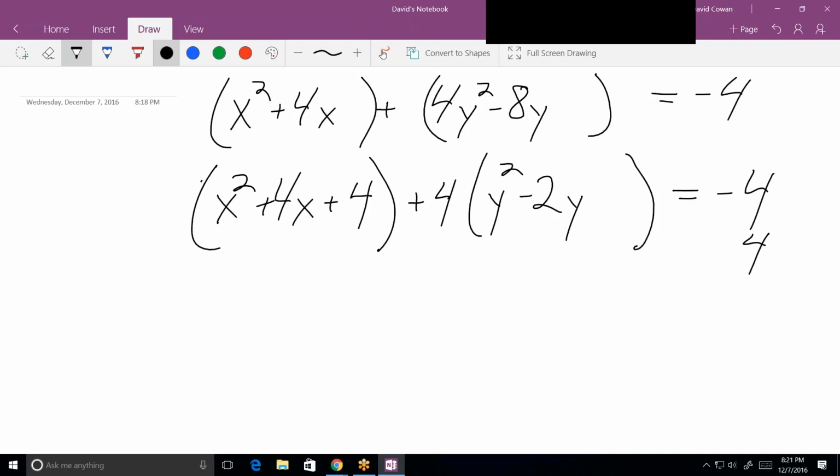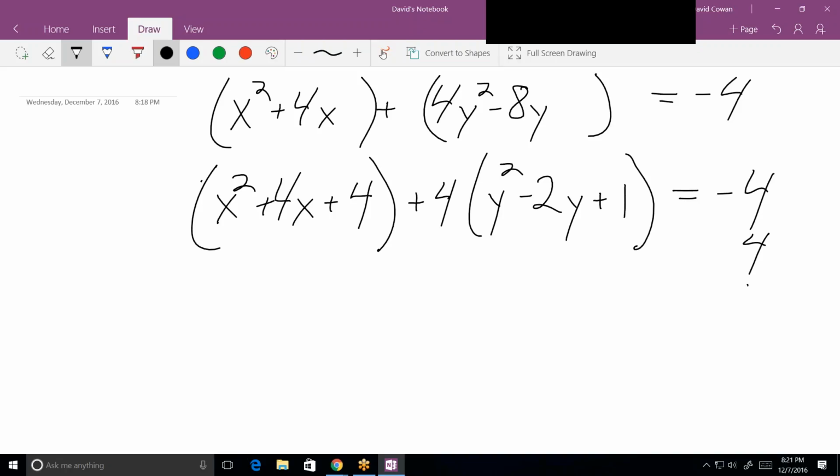Complete the square with the y's. 4 times the quantity of y minus 1, no, just squared. Complete the square. Don't try to put it into the linear term yet. You're getting ahead of yourself. Plus 1. How do I balance that on the other side? Add 4.